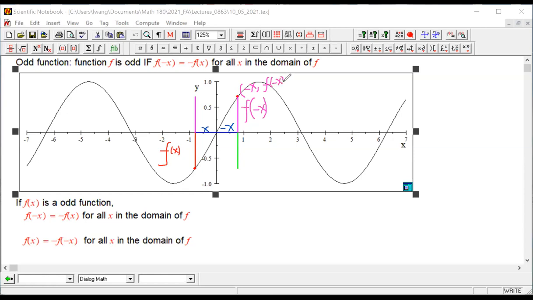If you haven't learned this before, it's hard to understand. You guys have to work with me, okay? The next one is, because this is x, this is the f of x, so that's x, f of x.